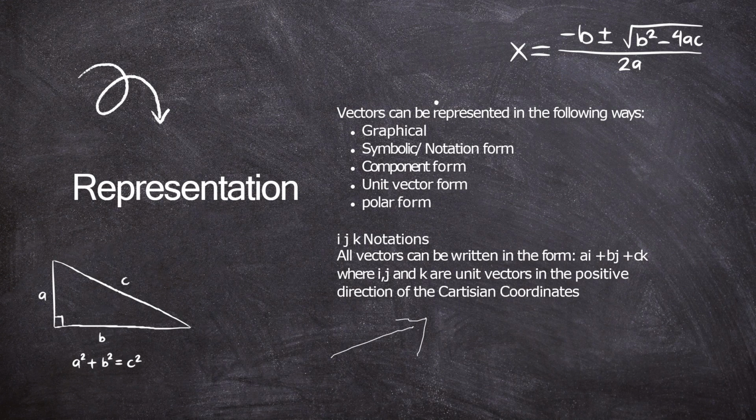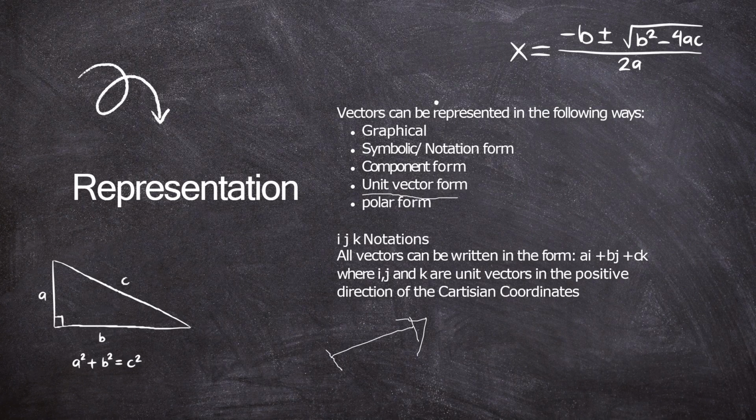Then we are talking about the unit vector form. This length from this point to this point can be written as its magnitude. Now, to write the direction, we always need a base direction. That base direction is known as the unit vector. It is simply a vector of length 1 unit in any direction.